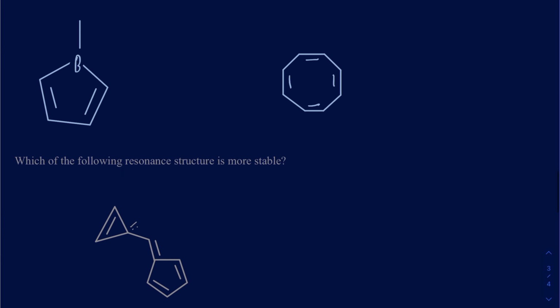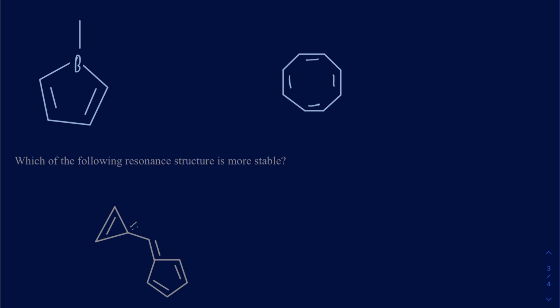We can talk about this next one here. So this next one, I got this boron. Remember, it's got an unhybridized p orbital. So clearly you can use that unhybridized p orbital to make this conjugated system. But remember, the boron does not have any pair of electrons coming from it.